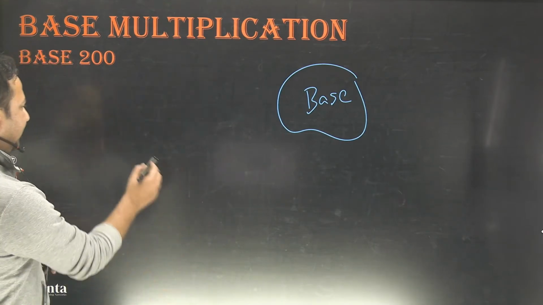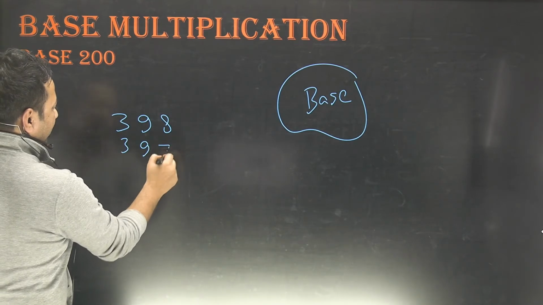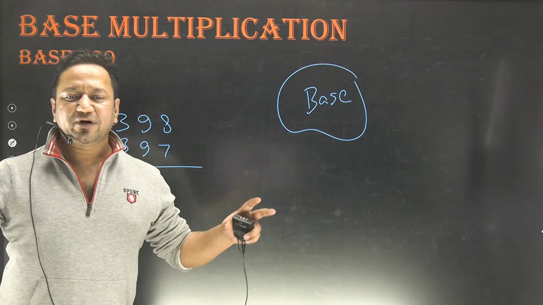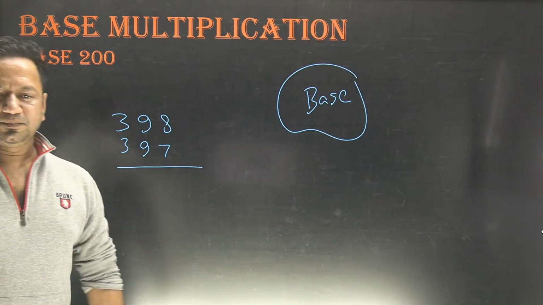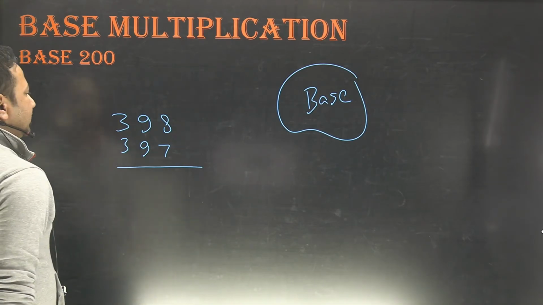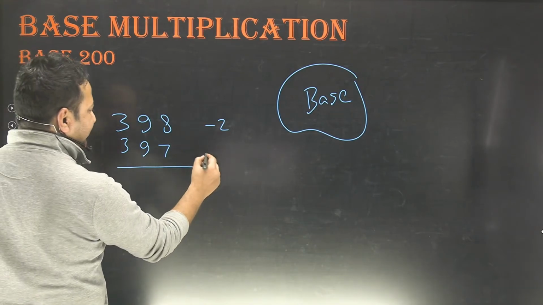Archil, 398 times 397, yes. Let us do this one more example. Tell me, everyone. First of all, we need to identify the base. What is the base here? Pranita, I'll come to different bases. Let us complete the same base first. The base is 400, isn't it? The closest multiple of 100 is 400. 398 is 2 less than 400. 397 is 3 less than 400.